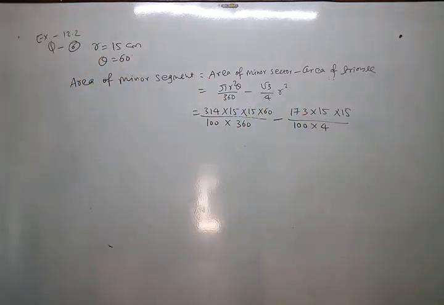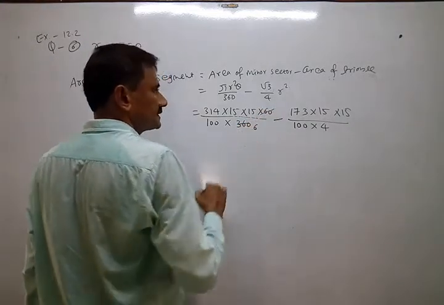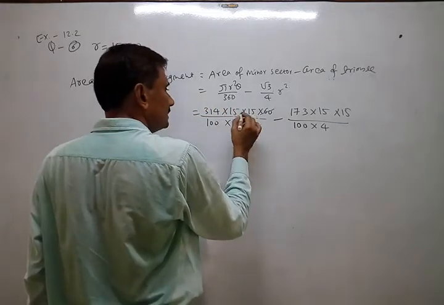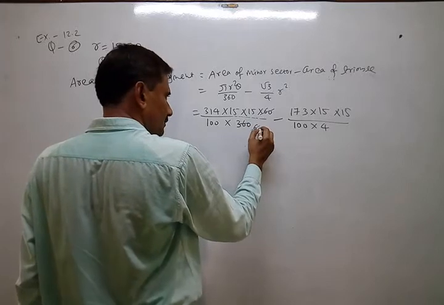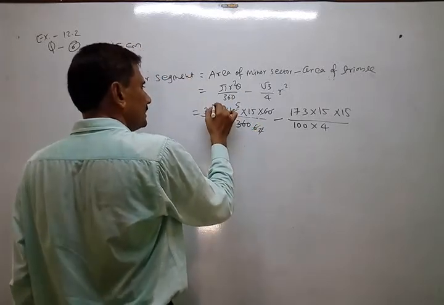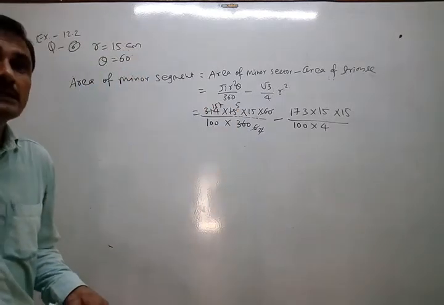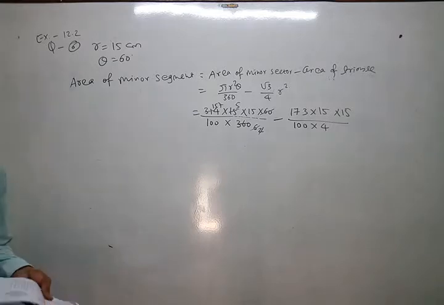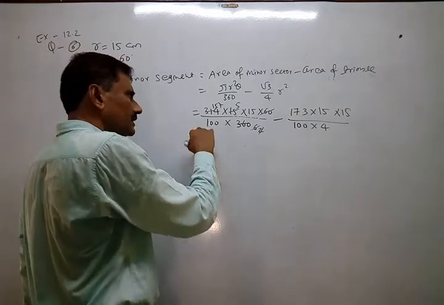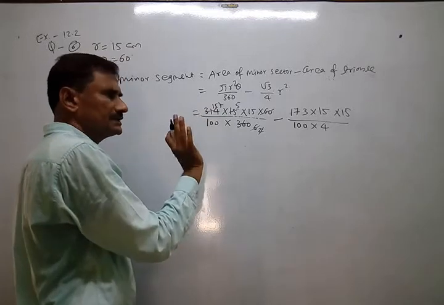Now just simplify it. First of all, it is 60 into 6. Now somewhat it can be cancelled by 3. 3 twos are 6, 3 fives are 15. Now 2 into 157. Now don't disturb 100. 100 is useful here. Whenever there is a 10, 100, 1000 in the denominator, it is not expected to cancel it. If a whole number is cancelled, then no problem. But don't cancel here.